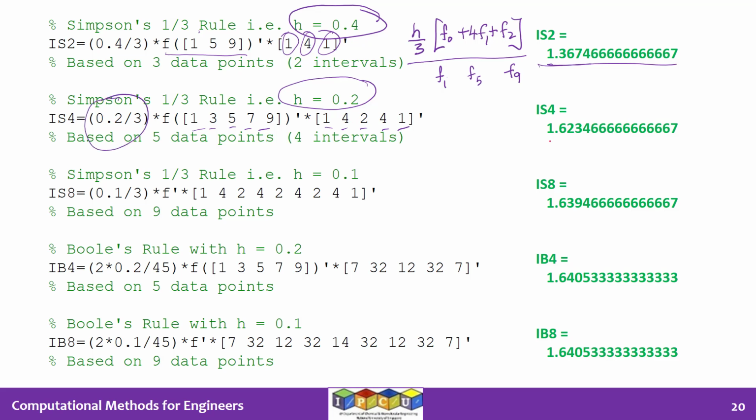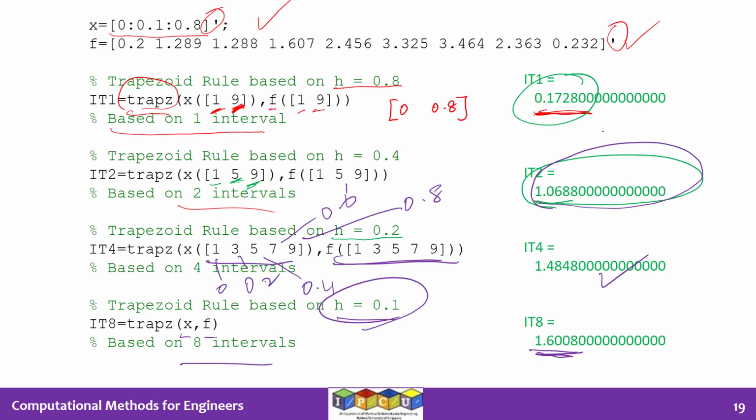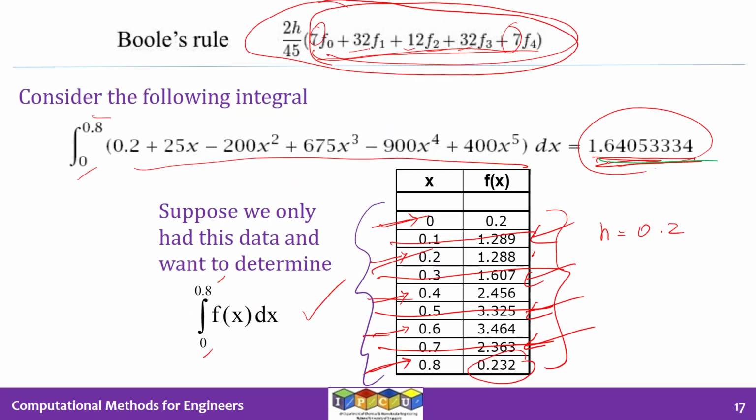You will get 1.6234. Here we got only 1.4848, and the value 1.6234 is pretty close to this. So by the time we have used 5 data points, we have got very close to the true answer to the problem.